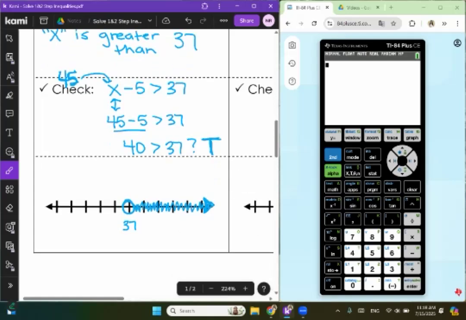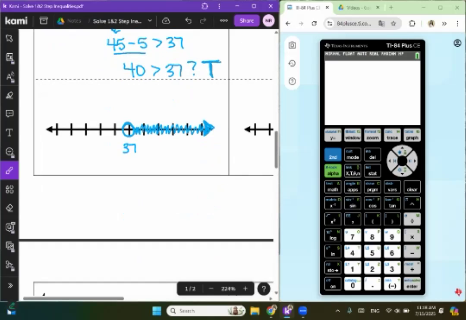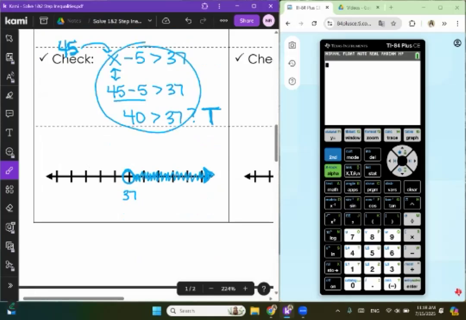Now, some students ask, why don't we bubble in the 37? Why don't we shade it in? Well, that would mean that 37 is part of the solution. I'm going to show you with this one example why we would not shade it in. Let's say we plug in a 37 instead of a 45. We would get 37 minus 5 is greater than 37. 37 minus 5 is 32. Then you have to ask yourself, is 32 greater than 37? No, that's false.